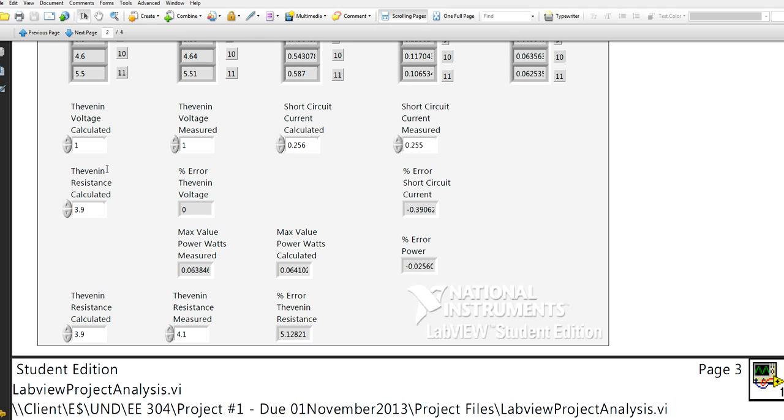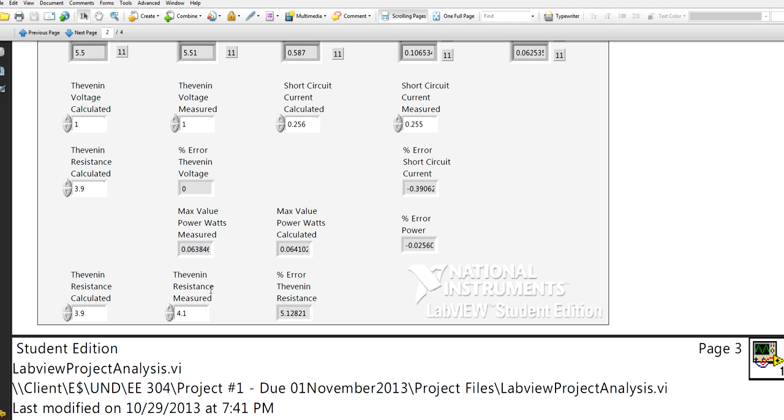A Thevenin resistance value I calculated at 3.9 kilo ohms. And then you see the Thevenin resistance measured, 4.1 kilo ohms. This introduces an error of about 5%, and there are reasons why this may have occurred, and you might want to include this in your lab report.